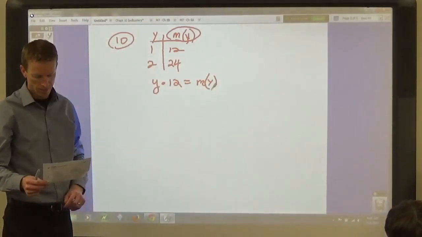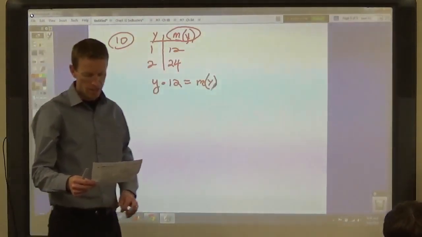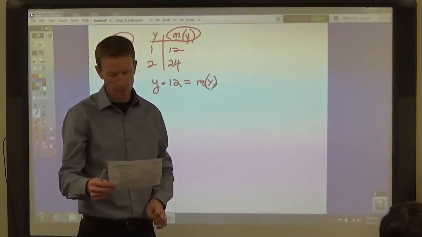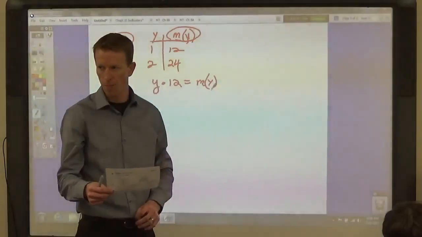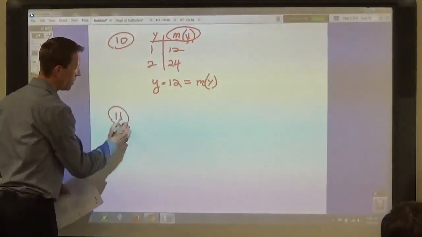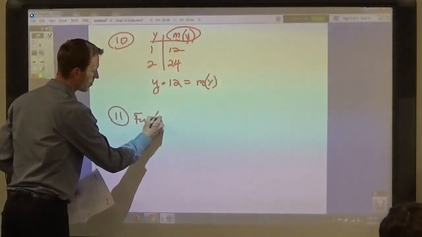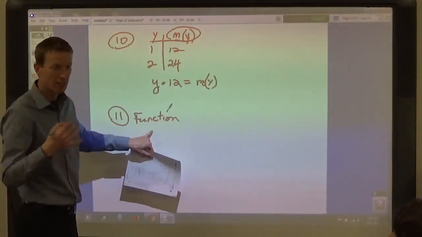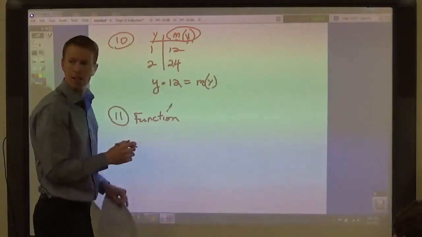Yep. Is the selling price for a specific item a function of the markup? In other words, this is a question about what is the definition of a function.